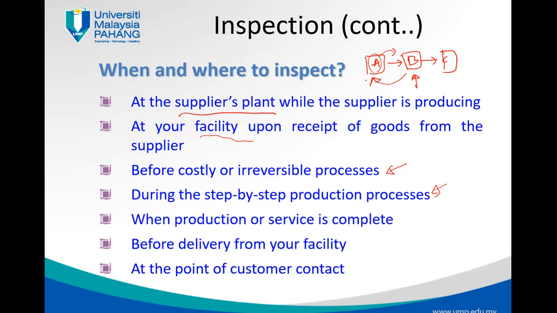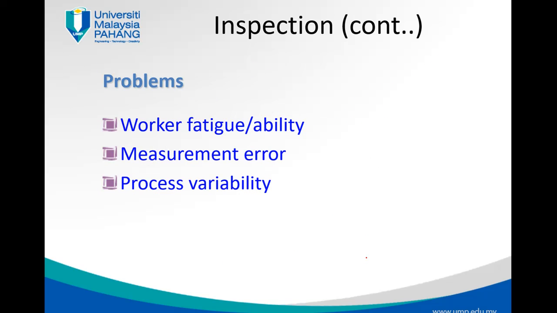When production or service is complete, again inspection needs to be made. Then before delivery from your facility, before we deliver the product to the next customer, especially the external customer, and at the point of customer contact. So these are the places or points where inspection needs to be made.